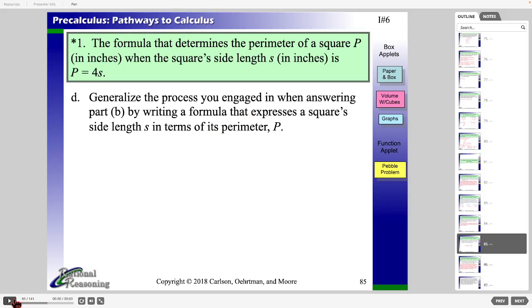So, generalizing it. Let's see what they're talking about. Well, if I know the side length, I had to multiply by 1/4, or I had to take it and divide it by 4. One of these two. That's what we have to think through.